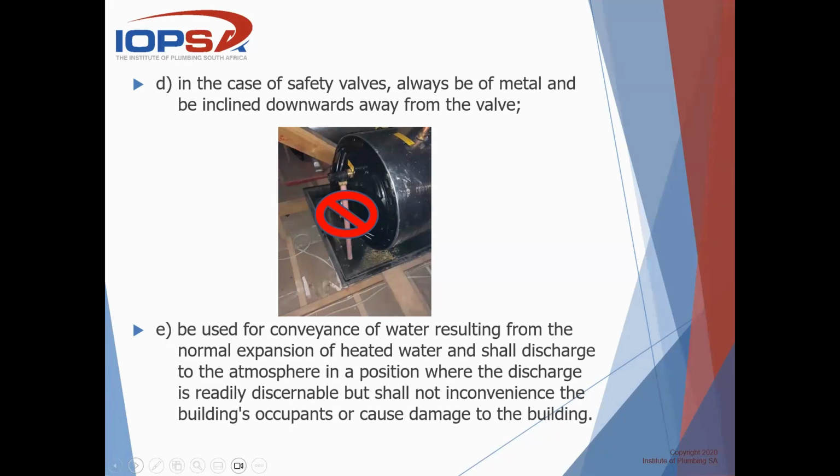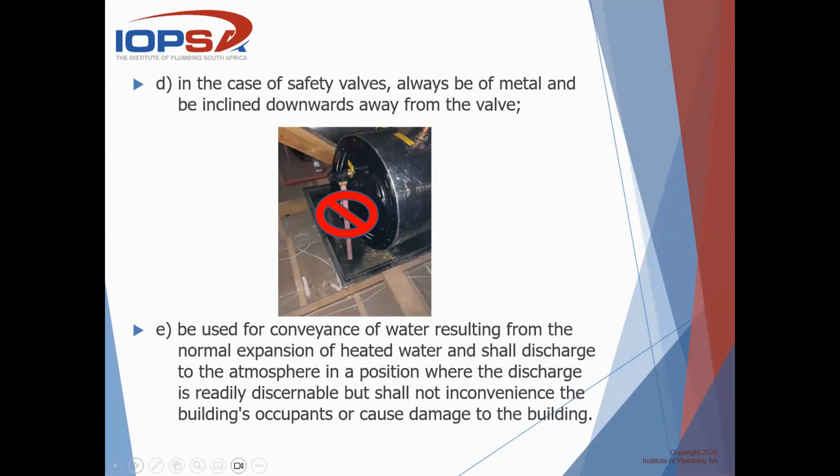So it needs to be used for the conveyance of water. We're speaking about the discharge pipe here. Be used for conveyance of water resulting from the normal expansion of heated water. And here's that nice word: shall discharge to the atmosphere in a position where the discharge is, as we mentioned before, readily discernible, so you're able to see it, but shall not inconvenience the building, the occupants, or cause damage to the building.